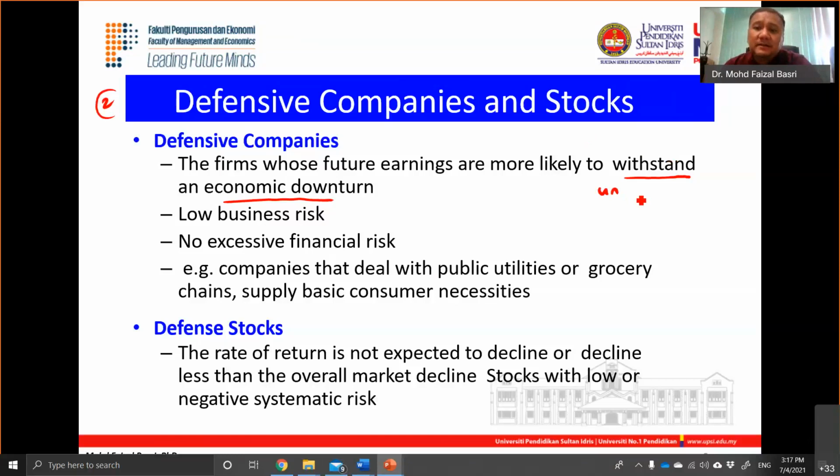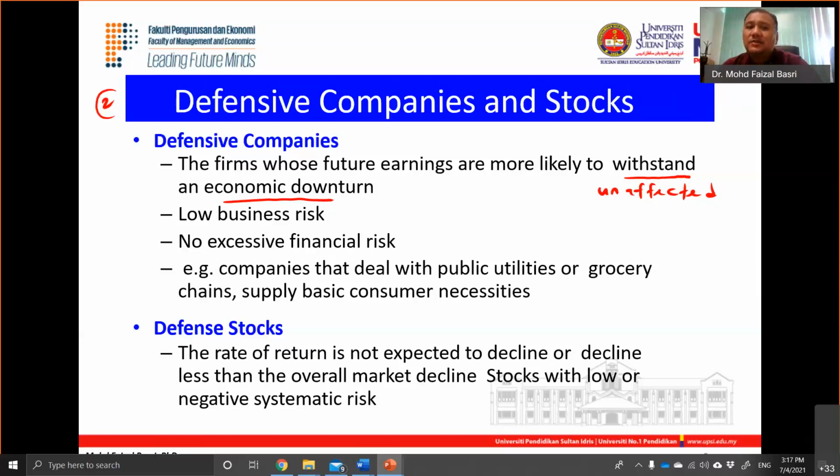The simpler word for withstand is unaffected by economic downturn. Meaning even when the economy is going down, these companies will not go down together with the economy. In fact, they will either stay the same, or some companies may perform better during the economic downturn.